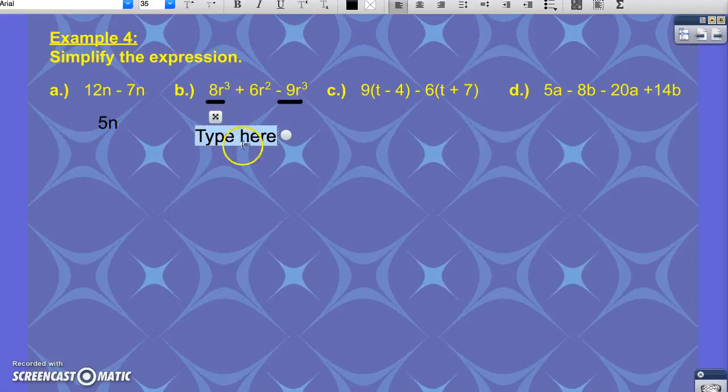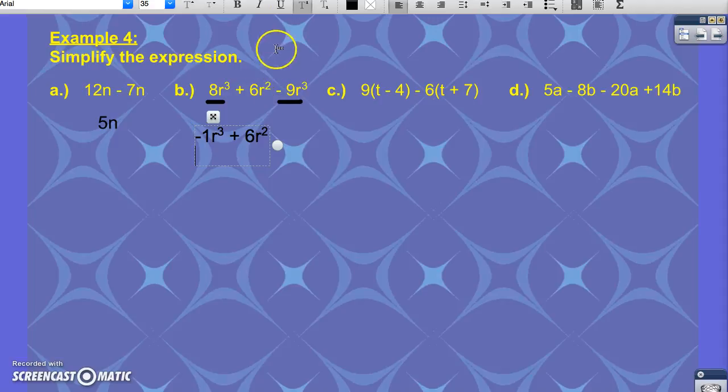So I'll start with the cube. 8 minus 9 is negative 1r cubed. Technically, you don't need the 1, but I'm going to leave it there for now. And then nothing matches up with the r squared, so we just rewrite it, plus 6r squared. That's my answer.